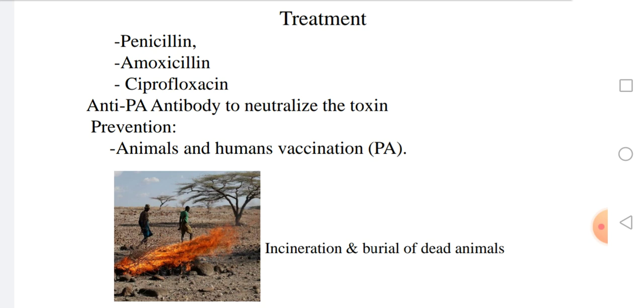To get rid of the dead infected animals is by incineration and burial of these animals. So you set fire on the dead animal and you bury deeply in the ground the ash.